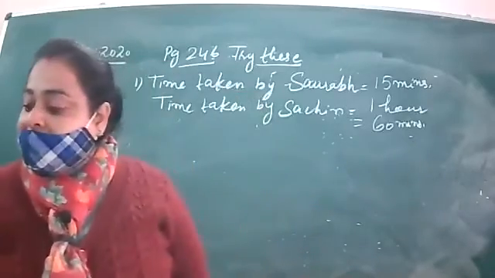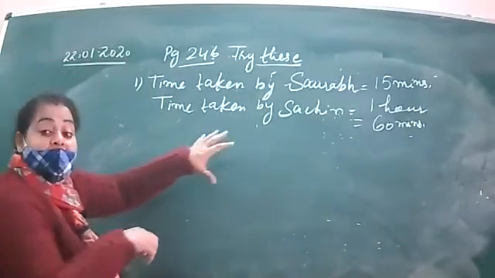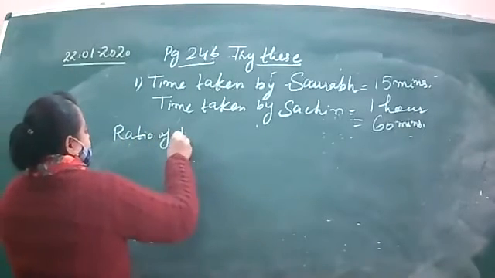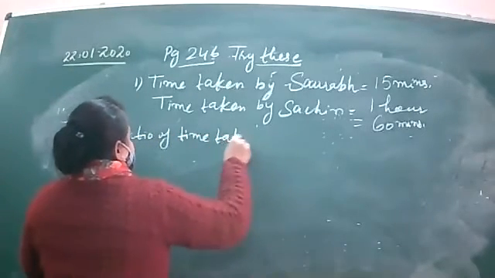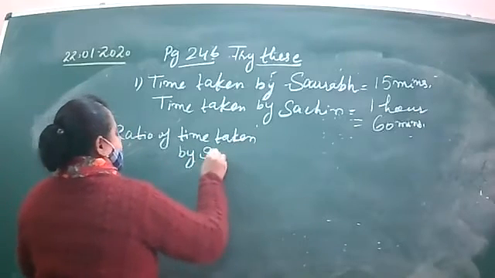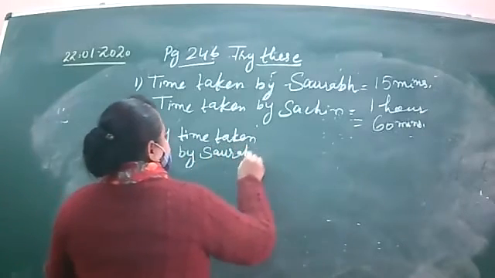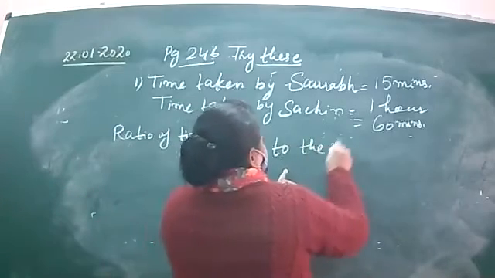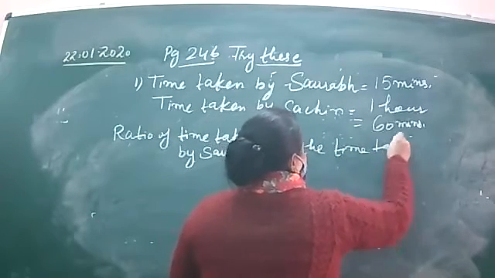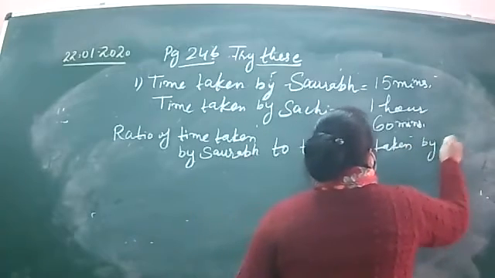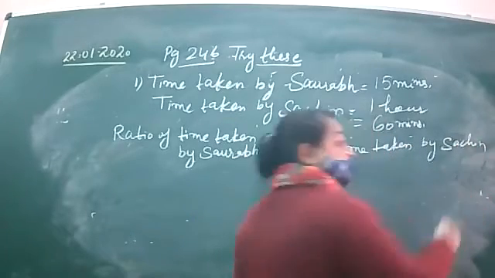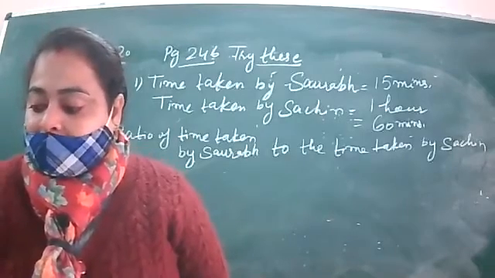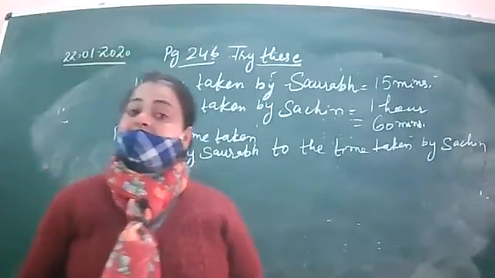Now the question is to find the ratio of, so first of all, write here, ratio of time taken by Saurabh to the time taken by Sachin. And this wording is given in your book. Check.